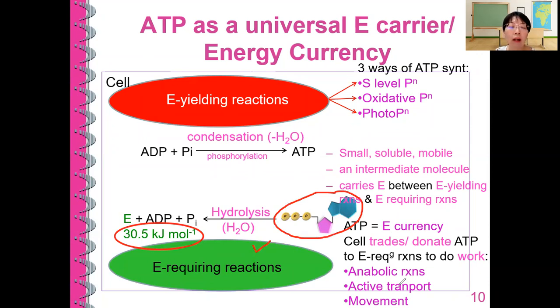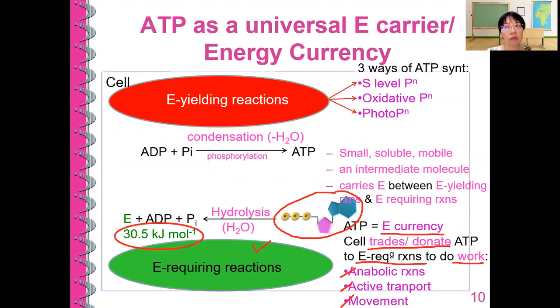So you go anywhere in the cell, you want the cell to do any work, you have to pay the cell with ATP only. So that's why ATP is considered the energy currency of the cell. The cell has to pay or trade or donate ATP so that the energy requiring reaction will do the work. So for example, what work? Anabolic reactions, active transport, movement.